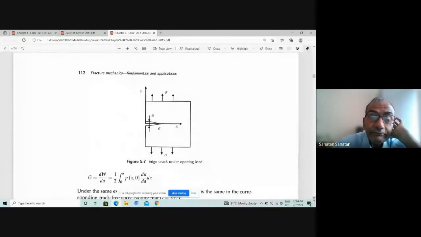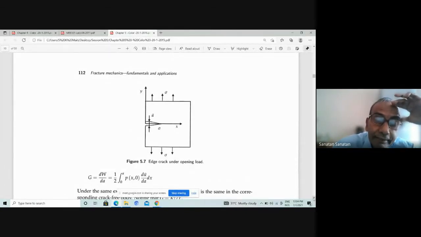So you see, if you think of a problem of this type, you have loading, which is shown there in figure 5.7, and then you have a crack there, which is along the x-axis, and the crack opening is U bar. That means between the faces, the opening is U bar.